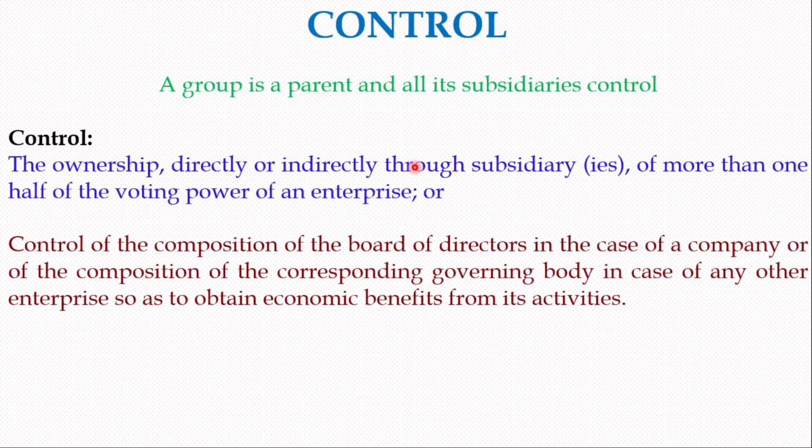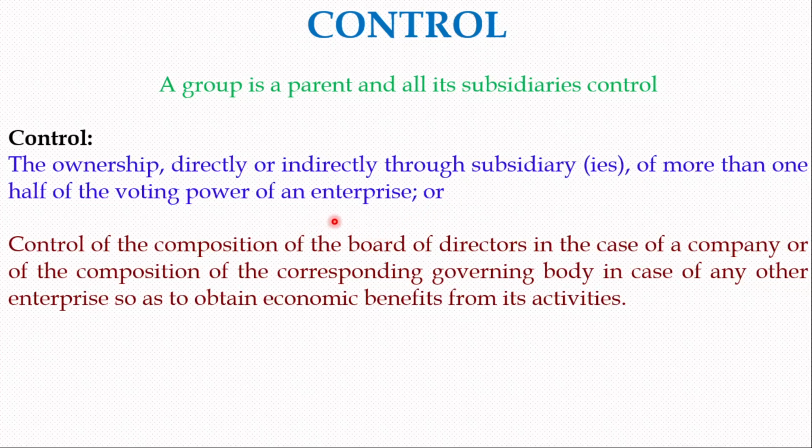So control in what sense? The ownership, directly or indirectly through subsidiaries, of more than one half of the voting power of an enterprise. The company which acquires or controls more than 50%, that is 51% of shares, we can call a parent company or holding company.